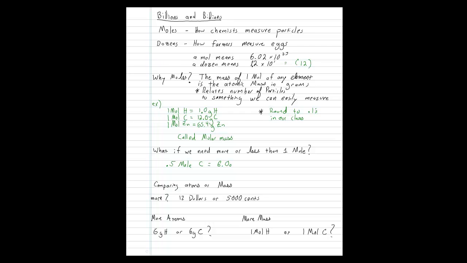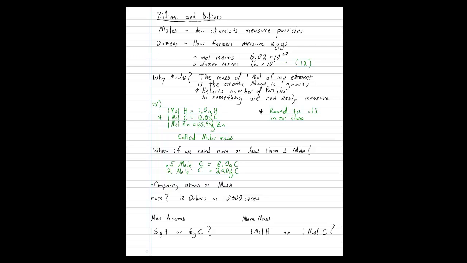We know from up here that 1 mole is 12 grams, so half of a mole is going to be 6 grams. Similarly, if I need 2 moles of carbon, that's 24 grams. We're going to be doing some more of this as we go on, but it's an important skill to know. We could also compare number of atoms or mass to find out which is more.